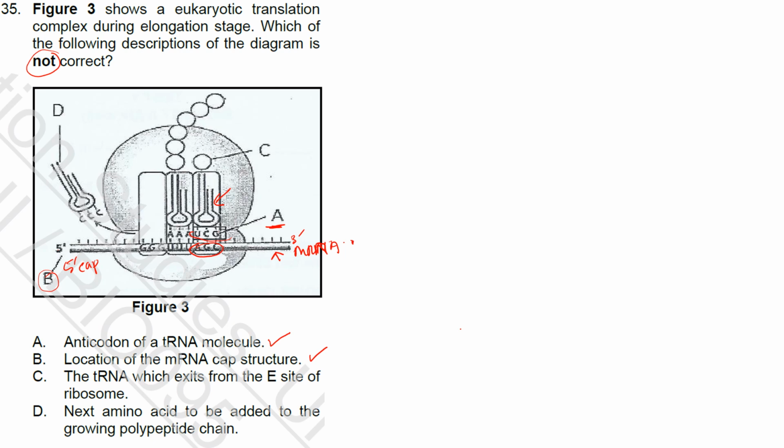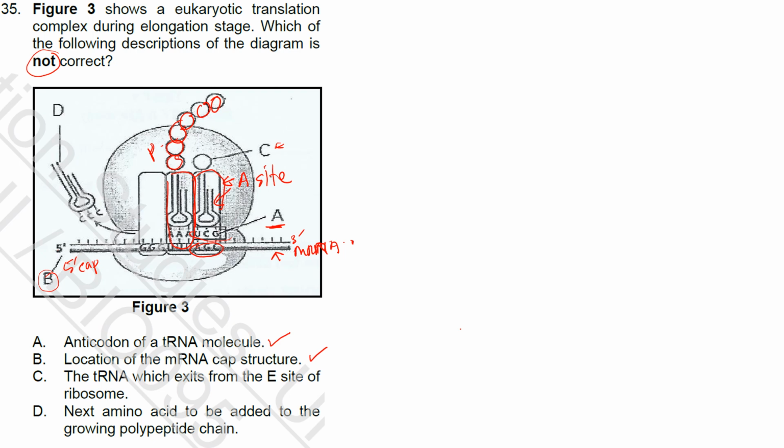Now statements C and D. Statement C says the tRNA which exits from the E site of the ribosome, which is this one. Actually, this here is the A site. The middle site is the P site, because it has the tRNA with the growing polypeptide chain.